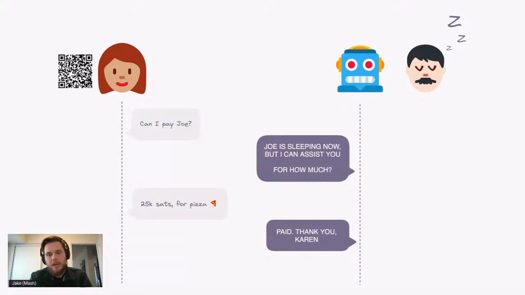And I can respond and say, about 25,000 sats this time for pizza. Maybe tomorrow I want to do that again. I can keep doing that over and over. And Joe on the right there, the receiver, doesn't need to be online, and he doesn't need to keep manually generating invoices for me over and over himself.